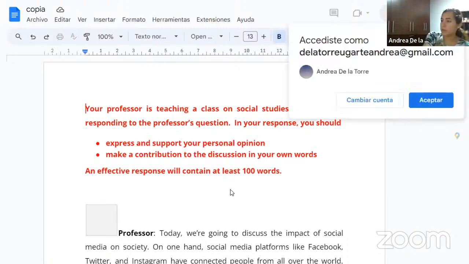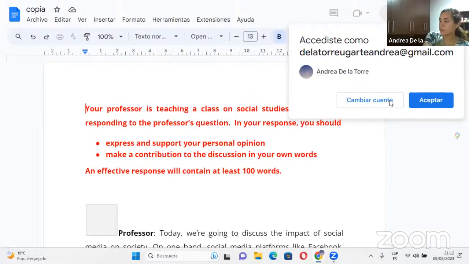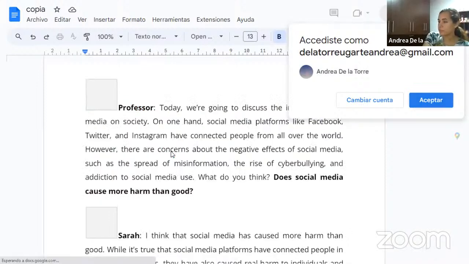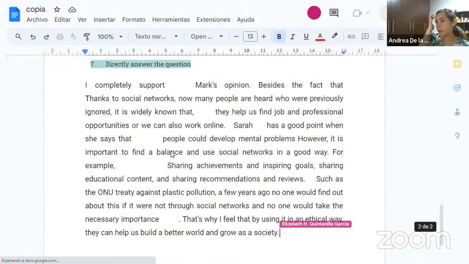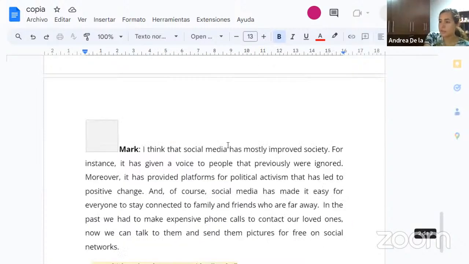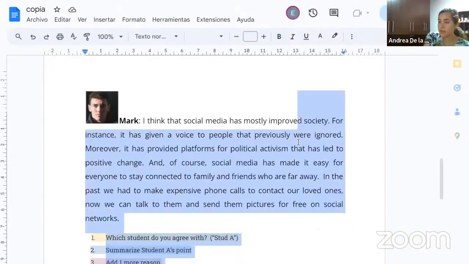Okay, so here we have Elizabeth's response as well. Let's see. Okay, it says, I completely support Mark's opinion. So in this case, Mark said that social media has mostly improved society. Nice.